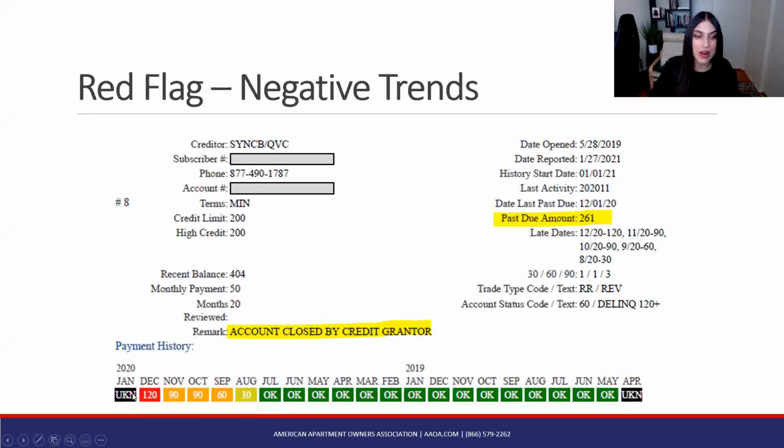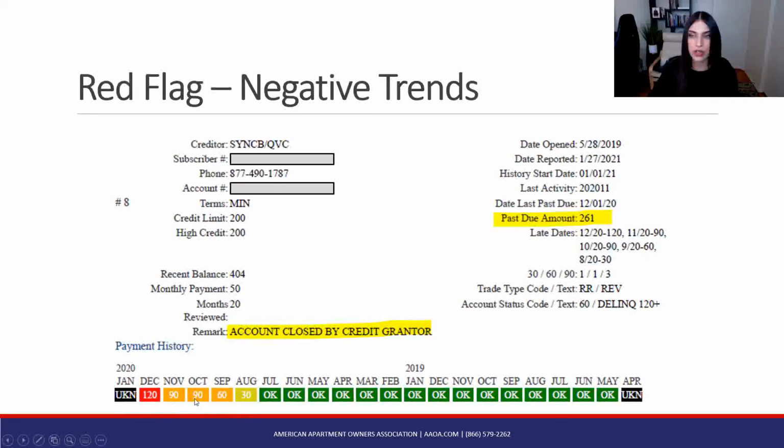If you look at this bottom part here with the payment history in these colored boxes, you'll see that they haven't paid their bill since July. What does that say? That says that they're obviously struggling to make payments on this account, and that is a negative trend. They are trending downward, versus if they had had late payments maybe in 2017 and then since then have been all green.